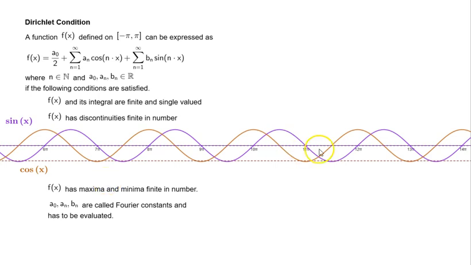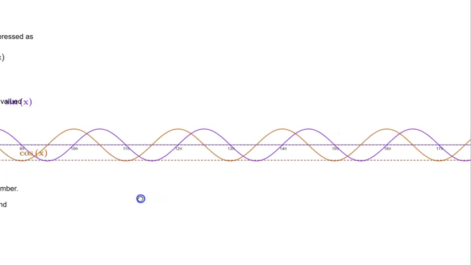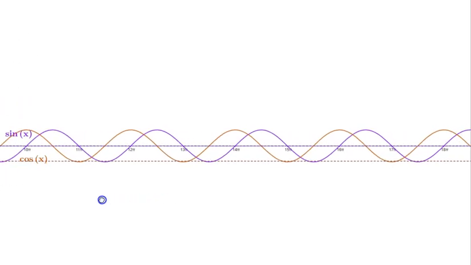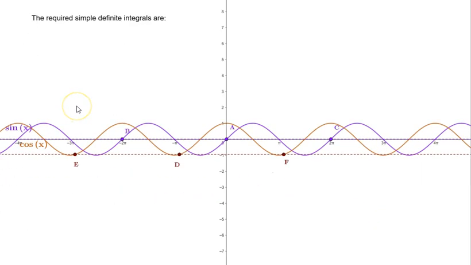We have to be aware of some required integrals. So let's look at these integrals that are required. As we saw in the previous session, we required integrals in Fourier series to arrive at a naught, a n and b n.